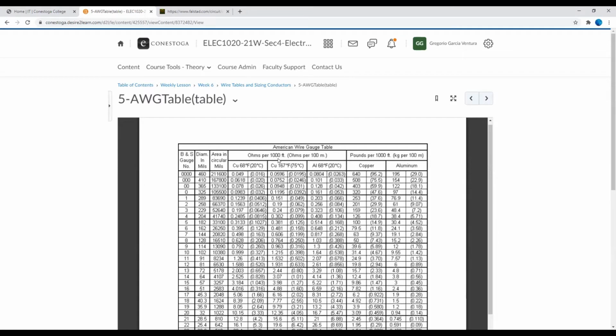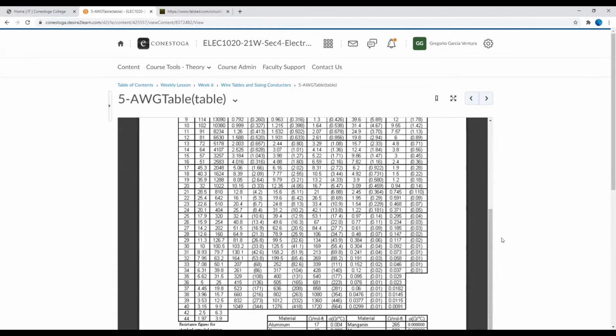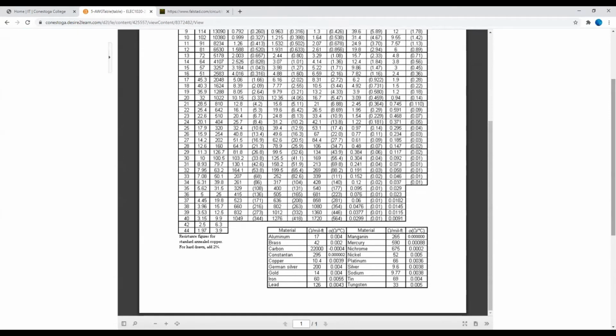In this case, this one is per meter, so this one has how many ohms you are going to have per meter. But we're not concerned about the meters, like this is per 1,000 foot or 100 meters. The one that I was telling you about just now, the ohms per mil foot, is right here at the bottom. This one.